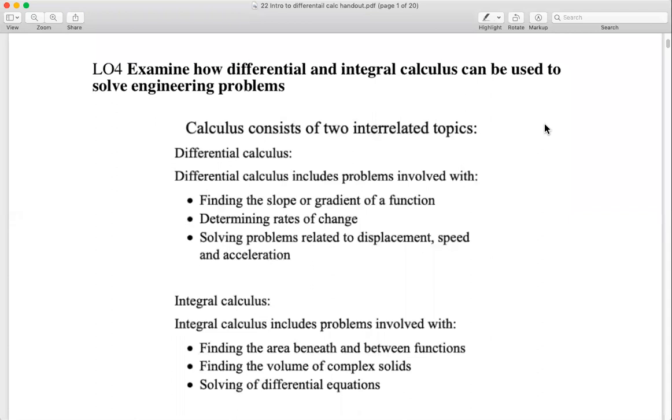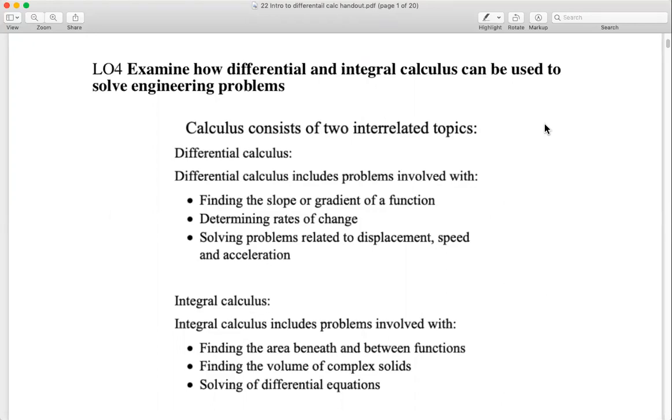Okay, so we're doing learning outcome 4: examine how differential and integral calculus can be used to solve engineering problems. I don't know how many of you will have done any calculus before, but it consists of two interrelated topics. First is differential calculus, which is about finding the slope or gradient of a function, determining rates of change, and solving problems related to displacement, speed and acceleration in engineering.